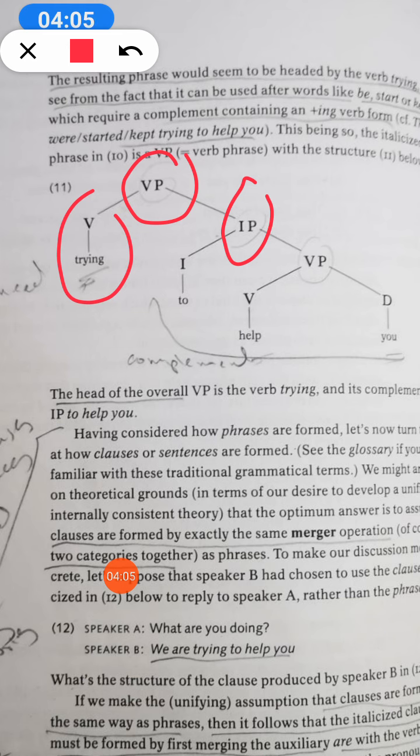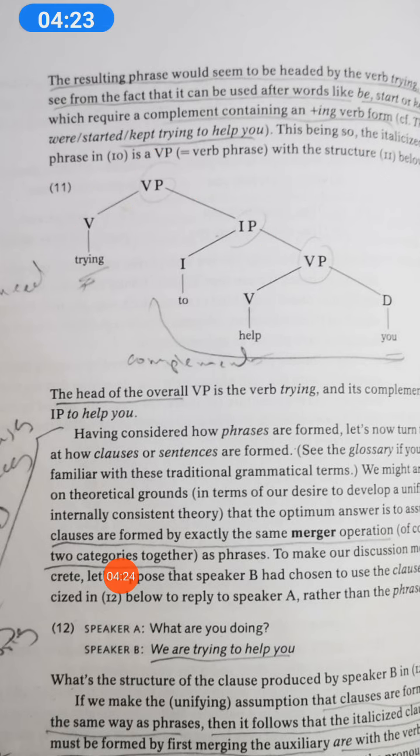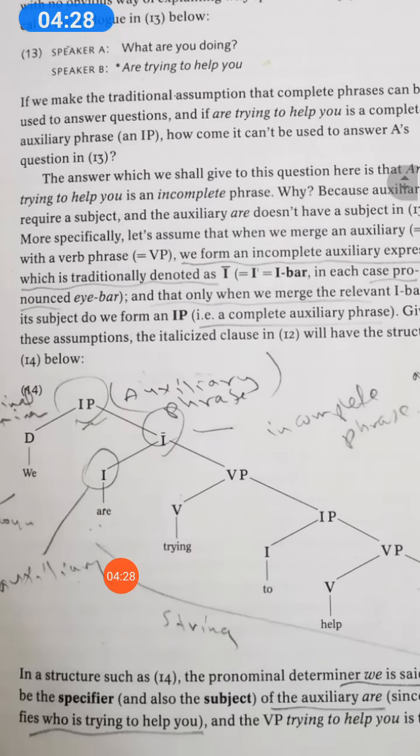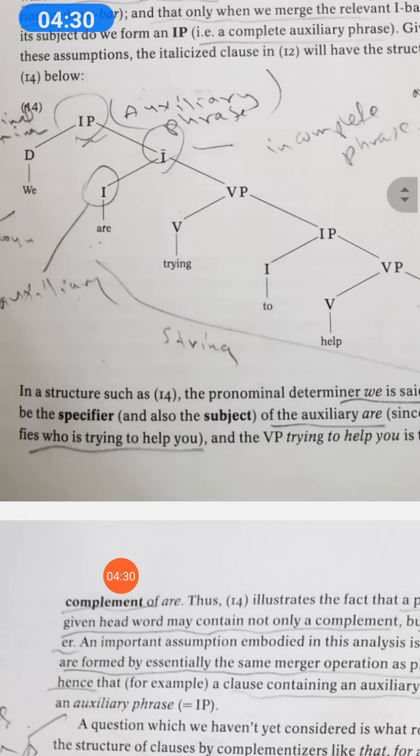If we analyze the structure of this verb phrase, it consists of two elements. The first one is the verb trying plus the IP, which is the infinitive phrase. Still, this example once again shows that the structure of the verb phrase is binary by nature. Each time we combine two elements to get a phrase.